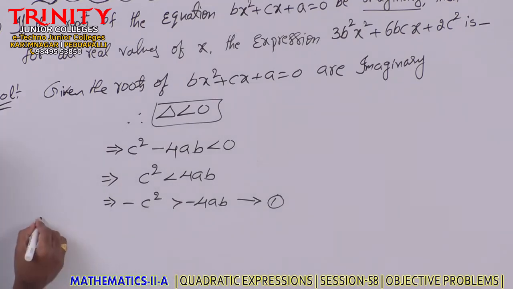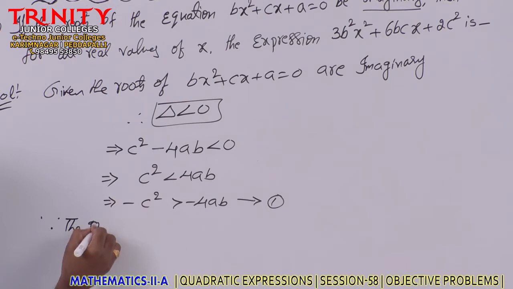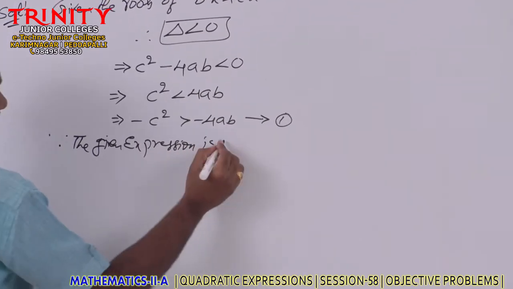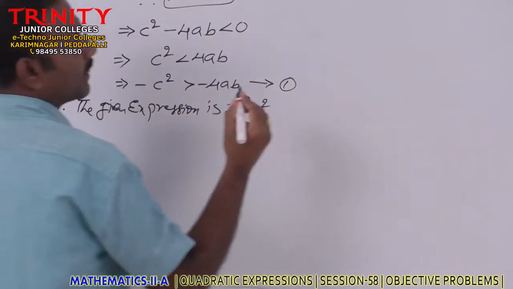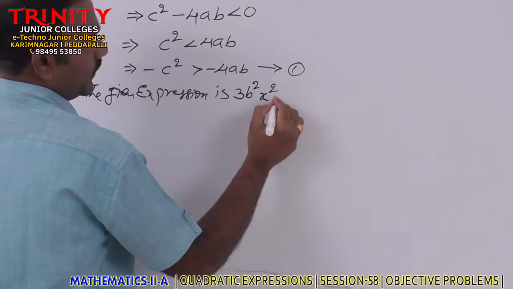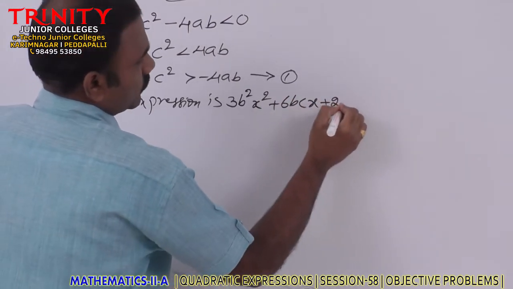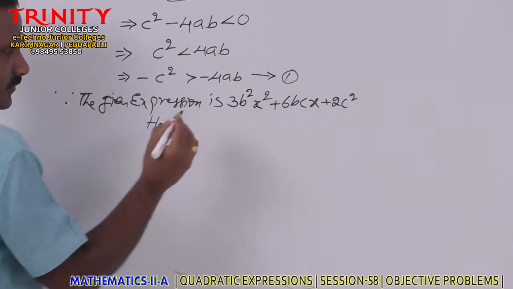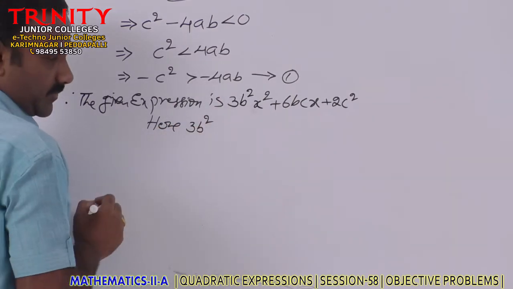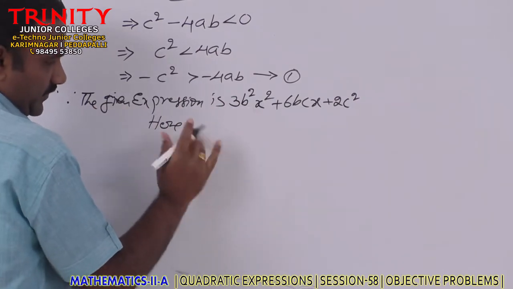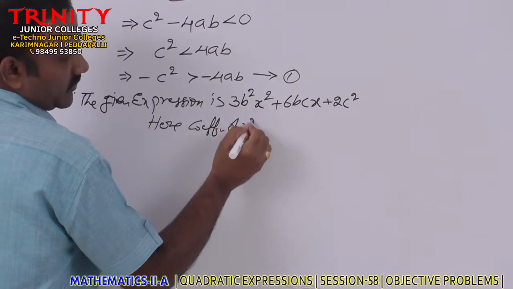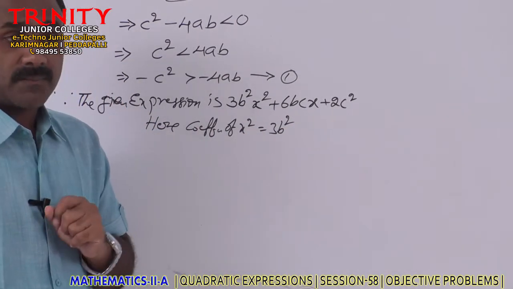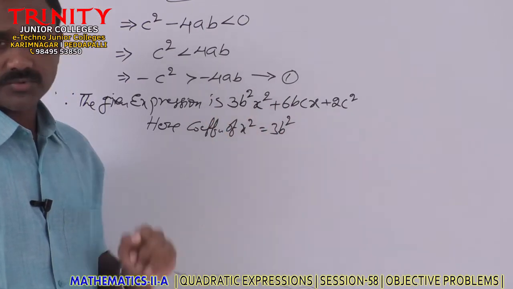See here, 3b square is the coefficient of x square. 3b square is always positive, whatever the value of b, since it is a whole square.